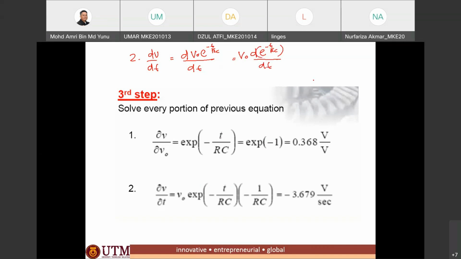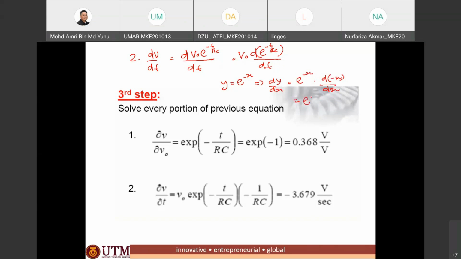So we know that if, let's say, y is equivalent to exponent negative x, then dy over dx is equivalent to exponent negative x multiplied with d negative x over dx.